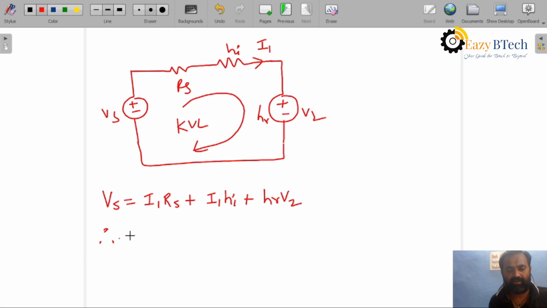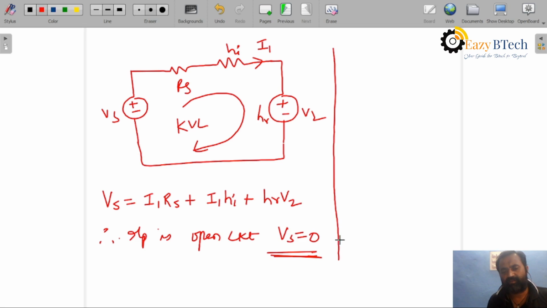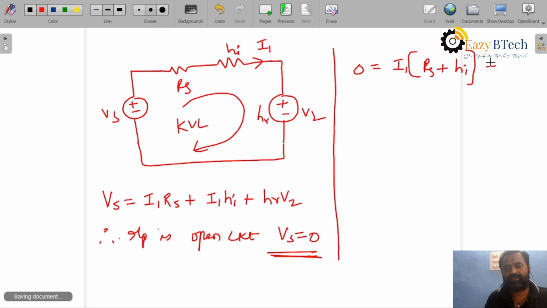Therefore, input is open circuit, Vs is 0. Then 0 is equal to I1, if you take common, Rs plus Hi, plus HR V2.